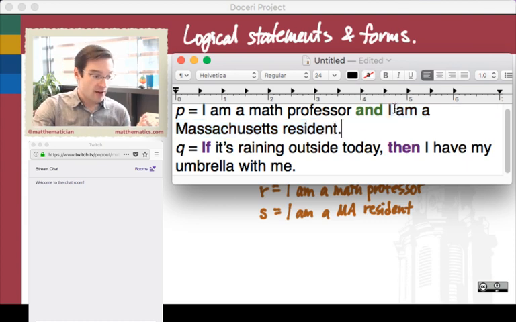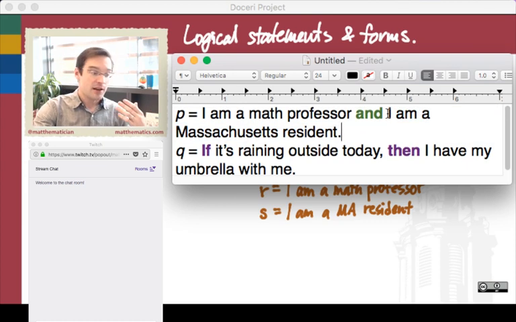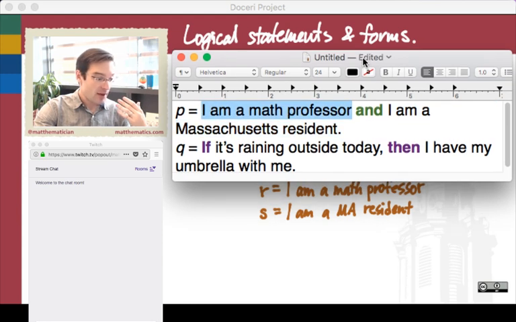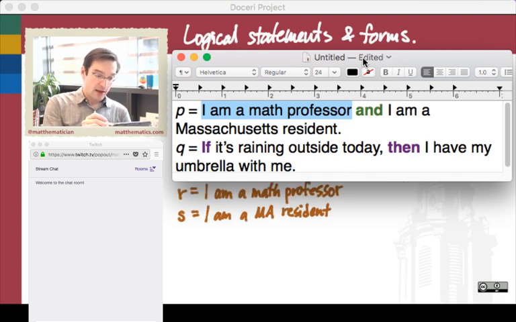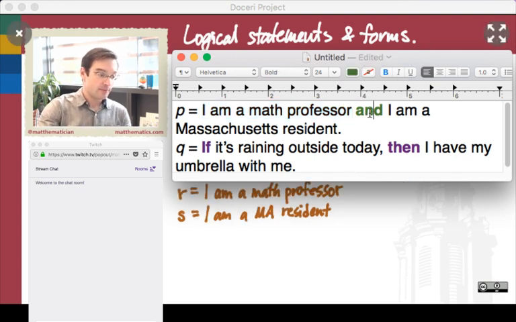So what I've done there is I've looked at this proposition and I've said it's got these two parts. I'm a Massachusetts resident on the one hand, I'm a math professor on the other hand, and my full proposition is glued together with a logical connective. And the logical connective is an and. So I'll reach into my notation.